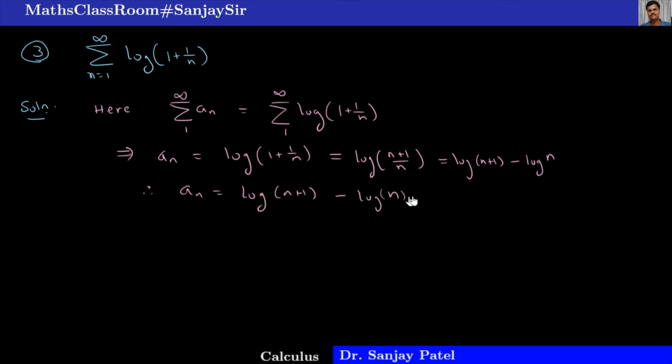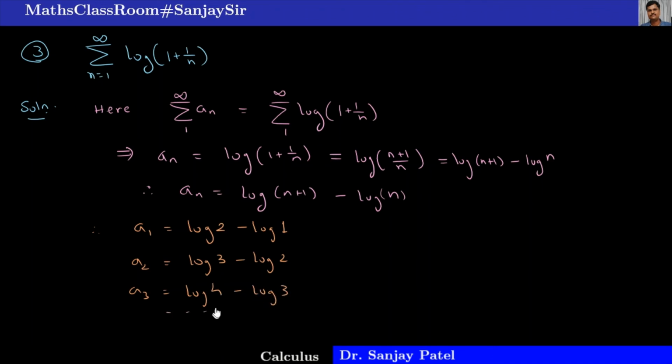Putting n equal to 1, 2, 3 and so on in this, what we get is a1 is equal to log of 1 plus 1, that is log 2 minus log 1. a2, putting n equal to 2 in this, we get log 3 minus log 2. a3 will be log 4 minus log 3 and so on.